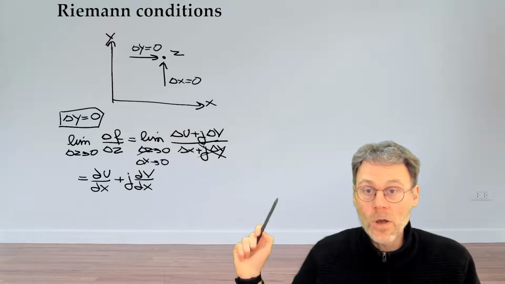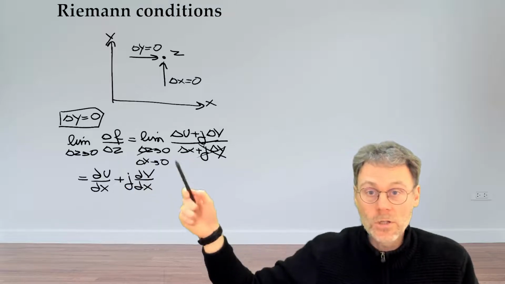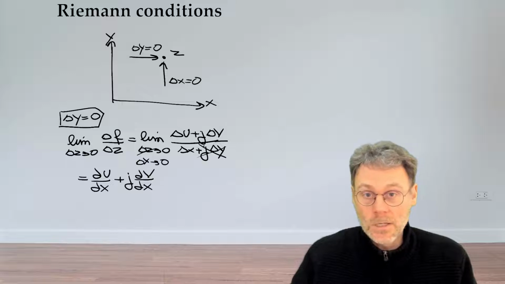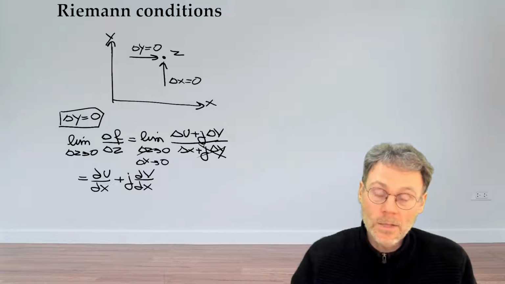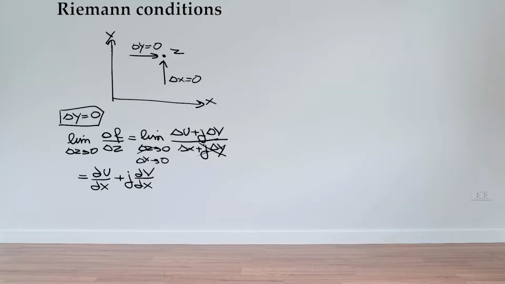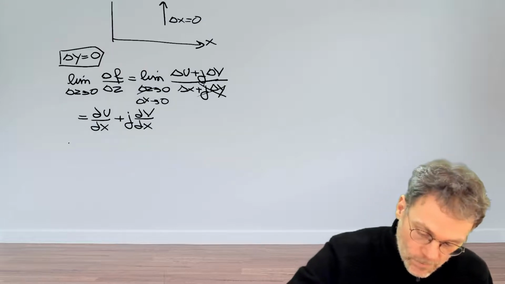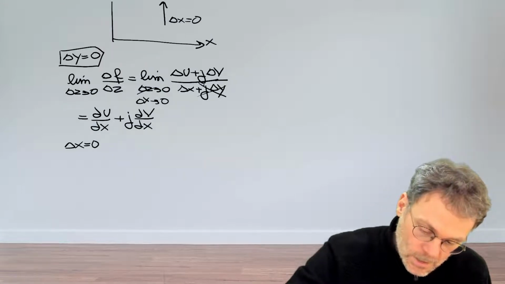Now pause the video and try to do a similar calculation, but this time for this particular direction of approach, and see what you end up with then in that particular case. Okay, let's repeat the same procedure, but this time for delta x equal to 0.